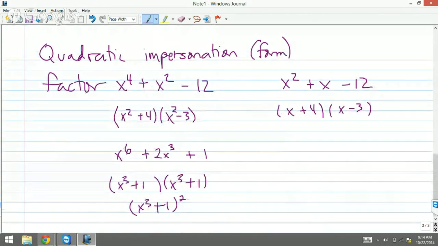Okay, so difference and sum of cubes and then quadratic impersonation. That's part of your sheet in class today. The other one that I'm going to give you on the back is all of them combined. So you kind of have to figure out which one to use. Okay? So keep those in mind. I'm going to hand you the classwork. You have 20 minutes or so. What questions do we have left to do?